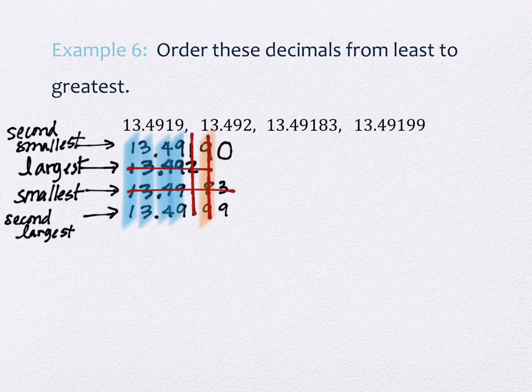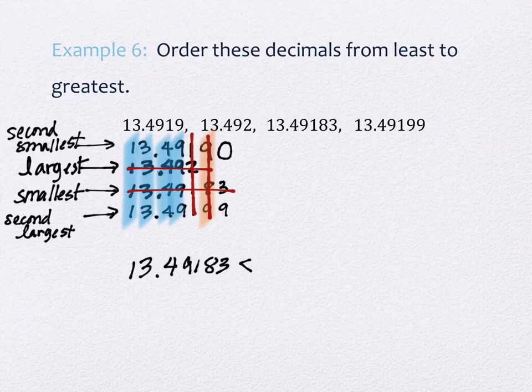So I'm supposed to be writing them in order from smallest to largest, and the smallest was the third one listed, which was the 13.49183. Did I get them in there right? Okay. You can put a comma if you want. That's fine. I'm going to put a less than symbol just to be real clear that I'm putting them in order from smallest to largest.